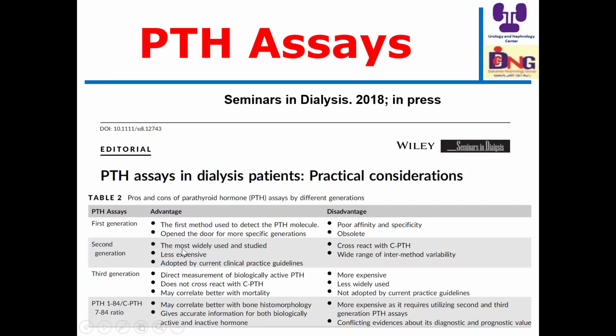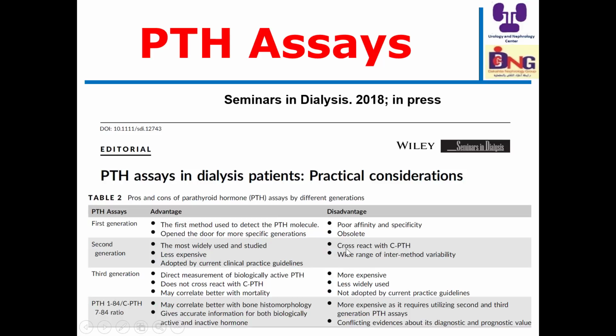This table summarizes advantages and disadvantages of different assays of PTH. First generation, the first method, opened the door for more specific generations. Now it is obsolete. Second generation, the most widely used, less expensive, adopted by current clinical practice guidelines.